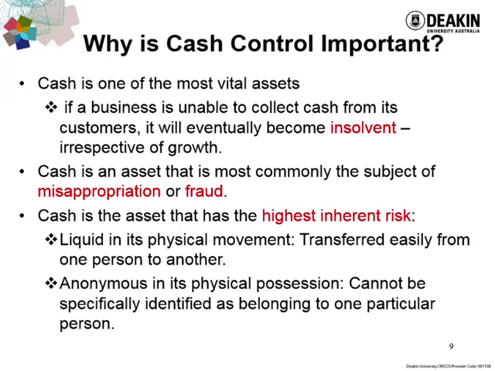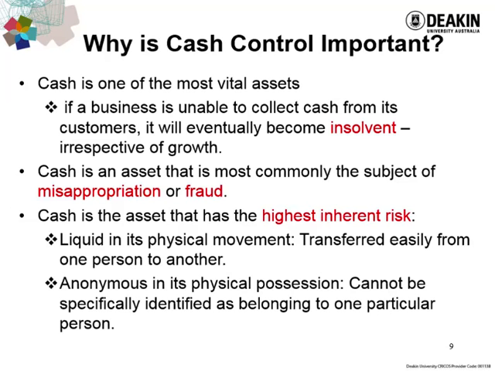Because of these characteristics, cash is subject to misappropriation or the risk of theft. It is important that we implement internal control for cash and ensure that all cash transactions are recorded and the correct cash balance is reported in the balance sheet.